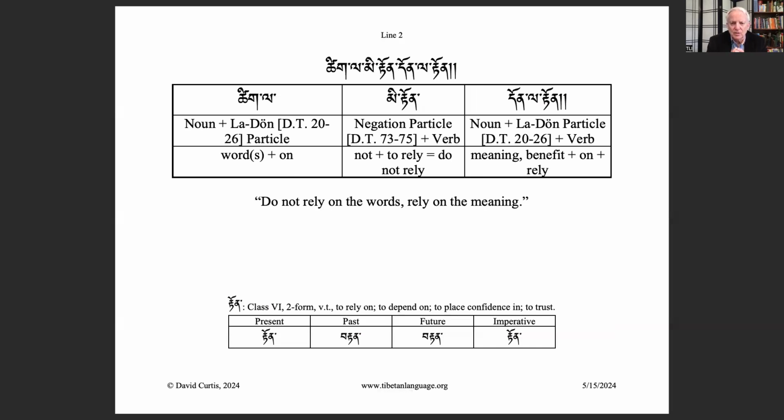Now, line 2 of the Four Reliances, same thing. We have the line of text at the top, the parsing box, a translation, and then some notes at the bottom. This is the same note because this word tun is repeated over and over again in the Four Reliances. More than 4 times, actually, you'll see. Okay, so now we spell line 2.